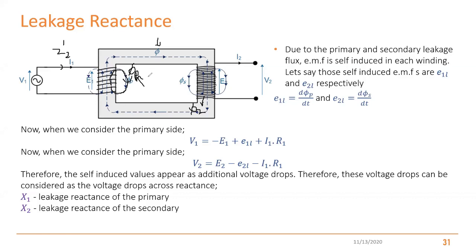If such coupling occurs, there will be an induced voltage in the primary and secondary. It can be calculated again using Faraday's law, the rate of change of flux. The rate of change of primary leakage flux gives, let's say, the primary leakage voltage.